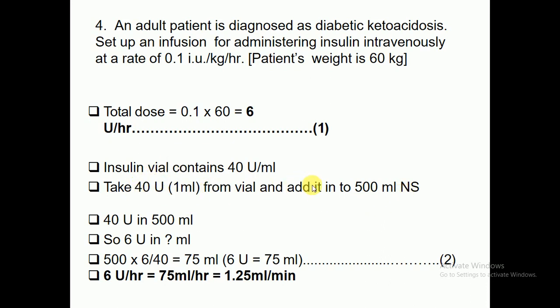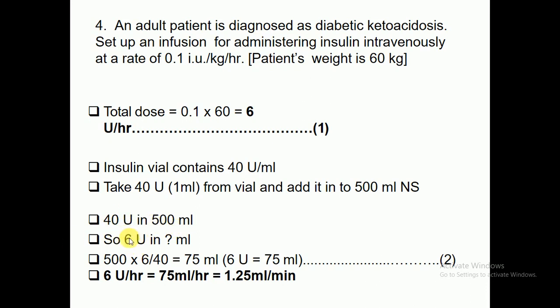Now here is the mixing technique. The 40 units per ml insulin should be diluted with 500 ml normal saline. As we know, 40 units are present in 500 ml, because we are going to dilute 40 units in 500 ml.